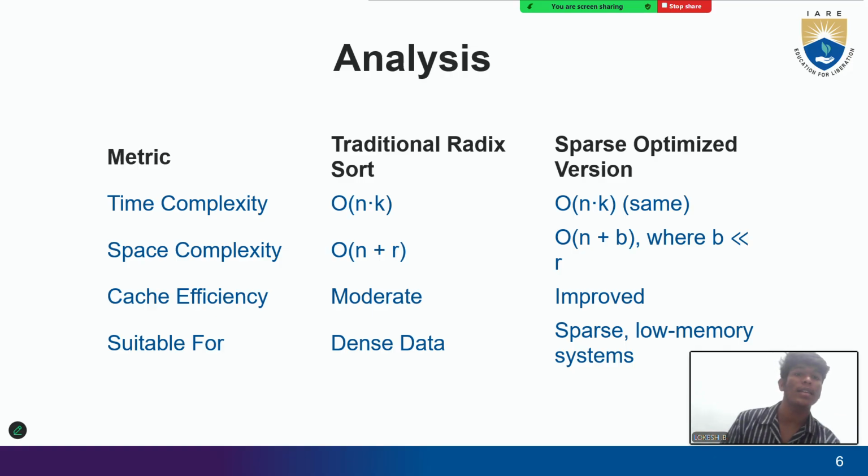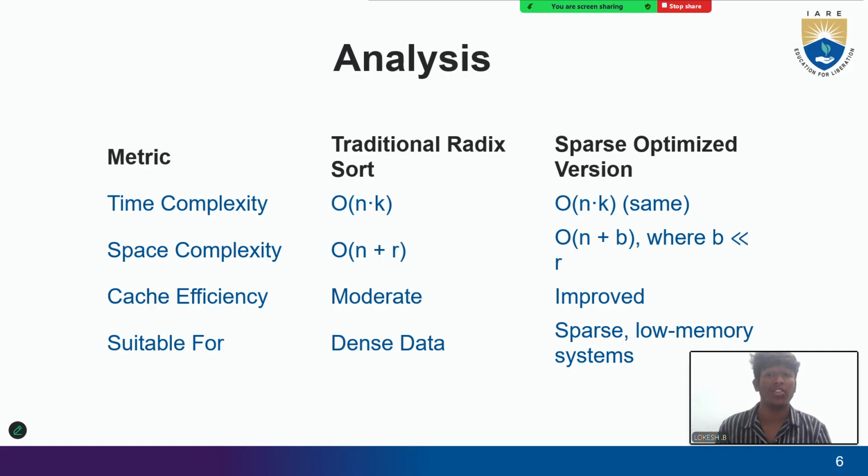And for the sparse optimized version, order of n plus b, where b is less than r, so the space is much lower than normal radix sort, because the normal radix sort wastes more space.